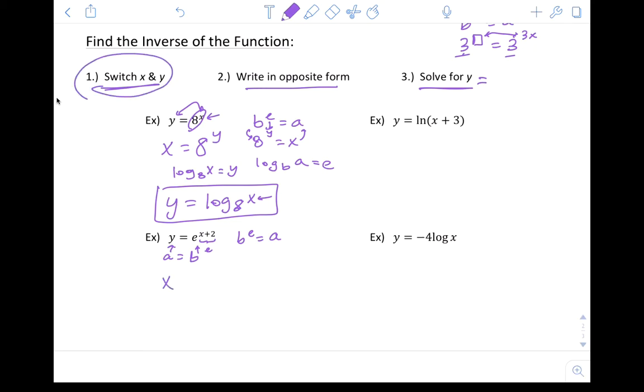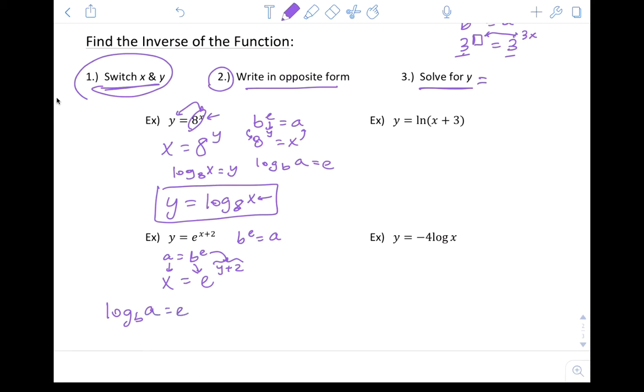Switch x and y. Okay, let's try that again. The base is still e. The exponent is y plus 2. The answer is x. So we're going to now write it in the opposite form.